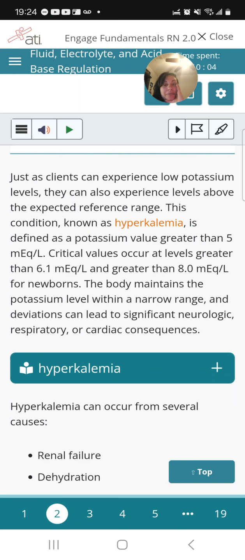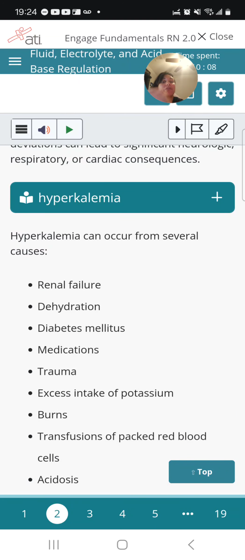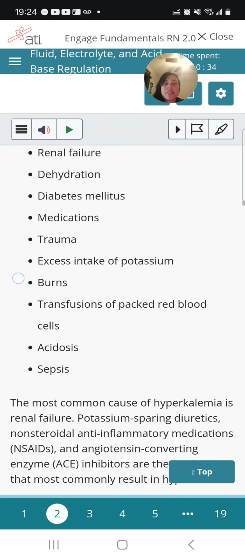So hyperkalemia can occur from several causes: renal failure, dehydration, diabetes mellitus, medications, trauma, excess intake of potassium, burns, transfusions of packed red blood cells, metabolic acidosis, and sepsis.